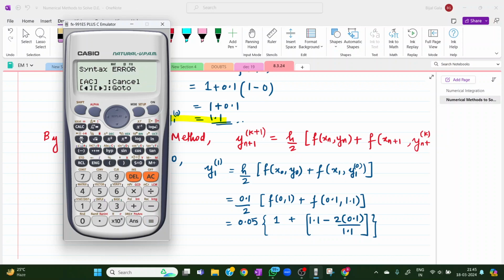0.090. Okay, some mistake on my end. Okay, 0.0959, you got the same value? Okay, perfect, perfect.